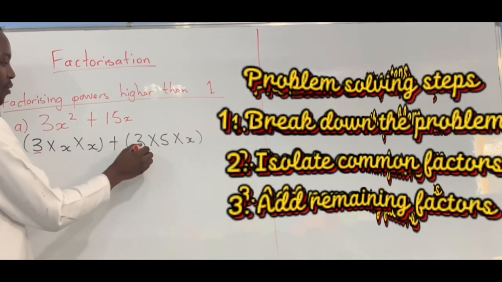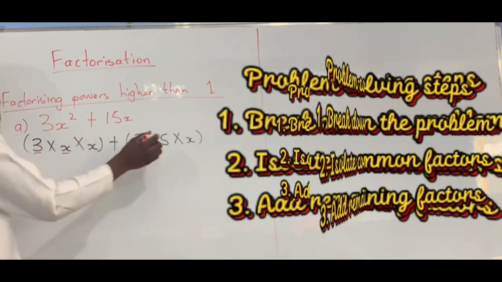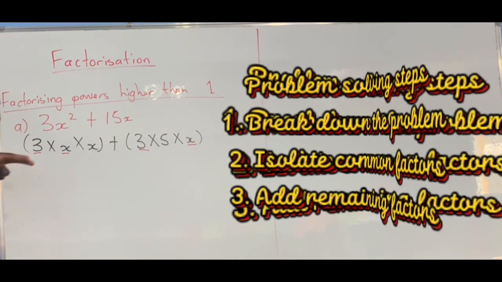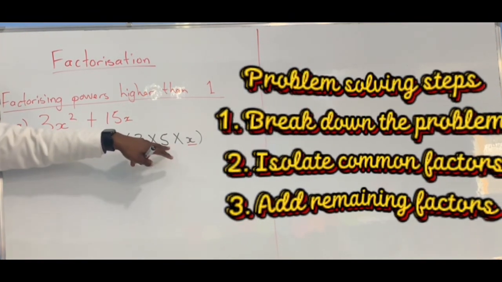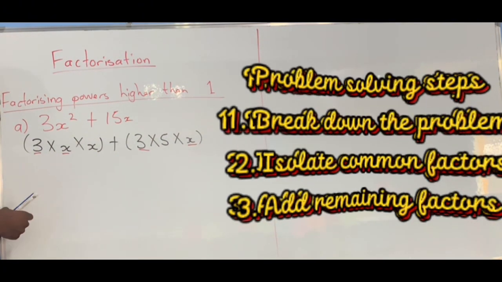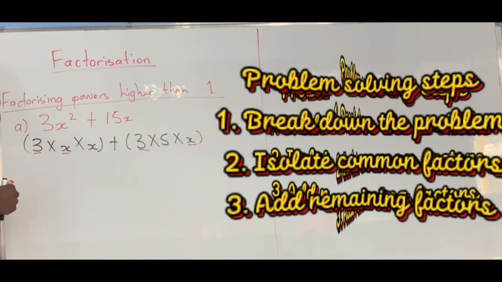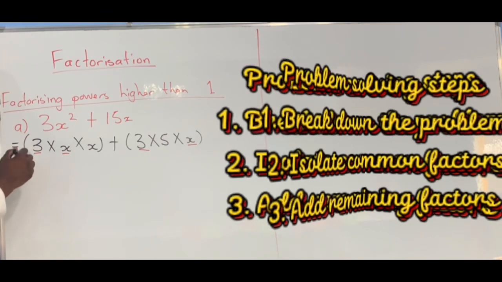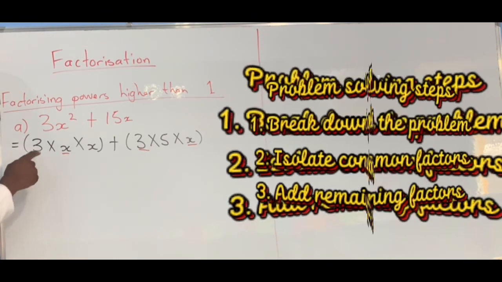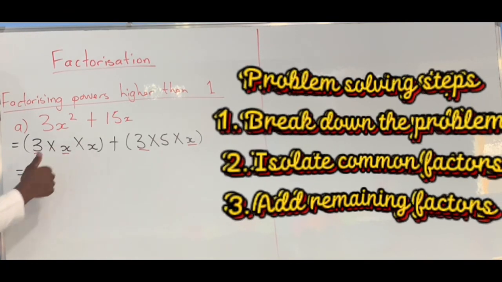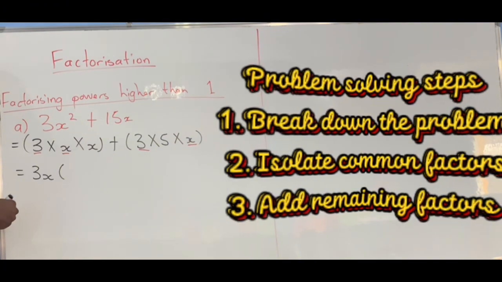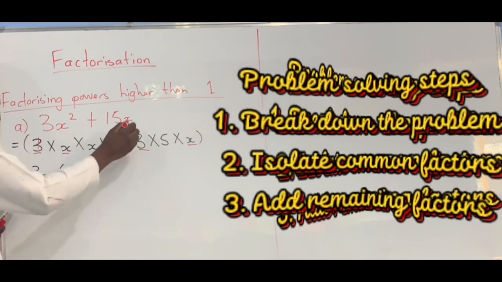Alright, so we factor out the 3 and we also factor out the x, and we multiply them together, and what will remain are the x and the 5, which we are going to add in the last step. So we have this 3 and this x as the common factors, which we will say 3x, putting in brackets.